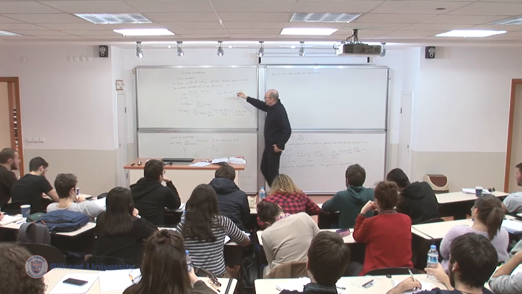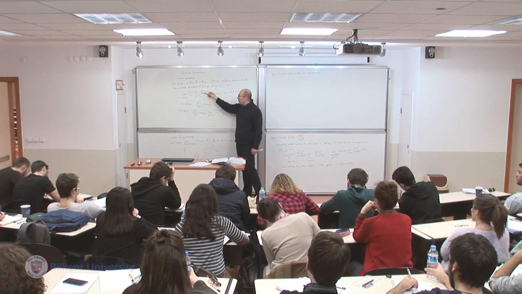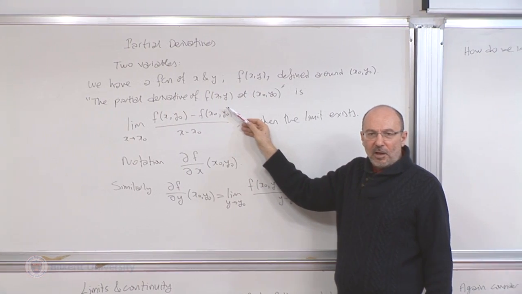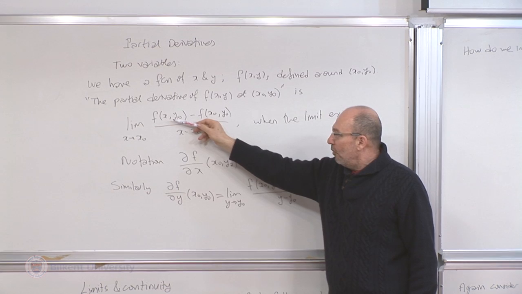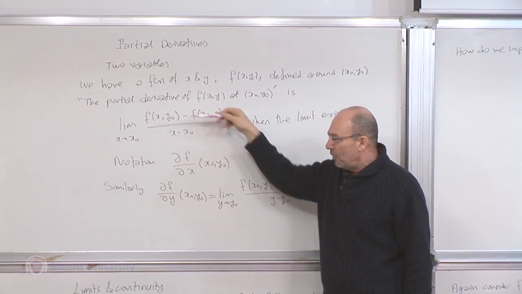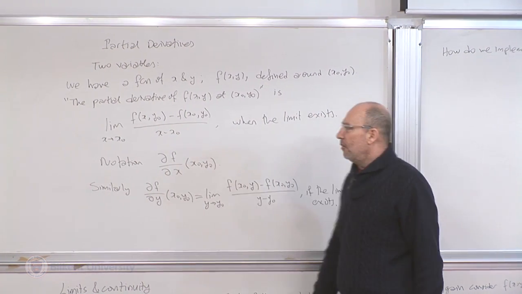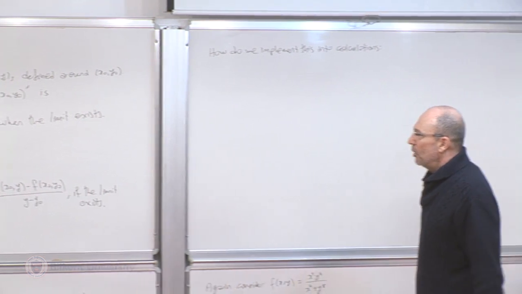Okay, so for example, in this part you see that you are not touching y at all, and when you have a function of x only, you take the derivative with respect to x, and then you put x equals x sub 0.